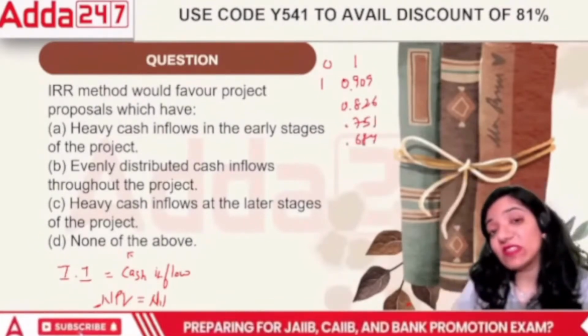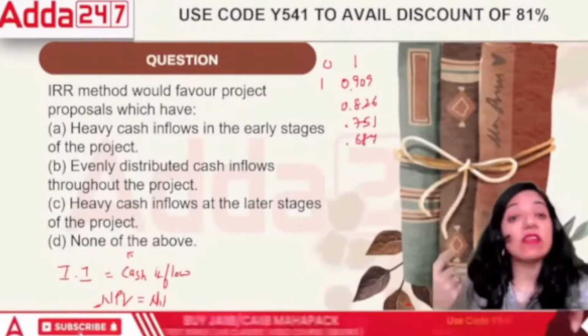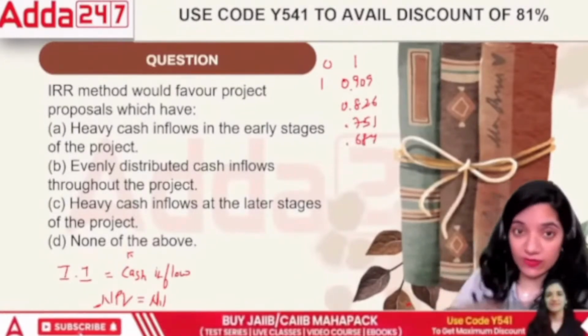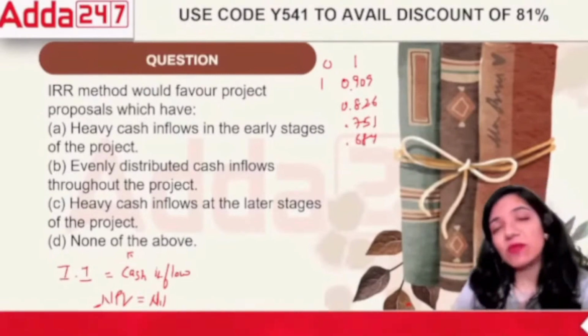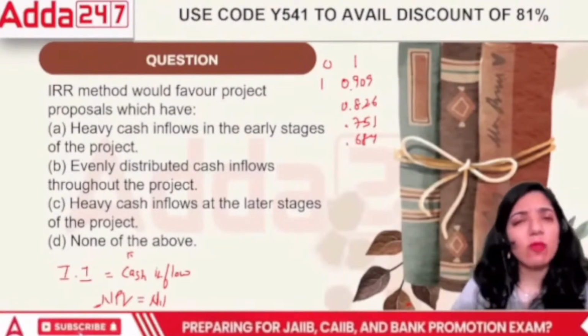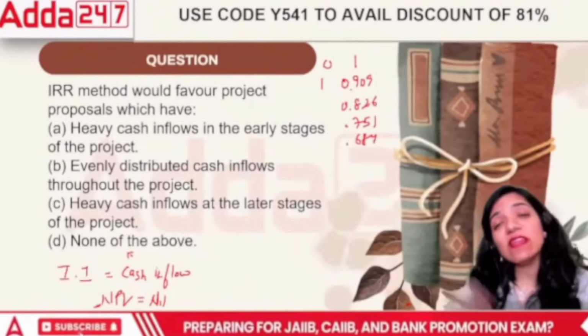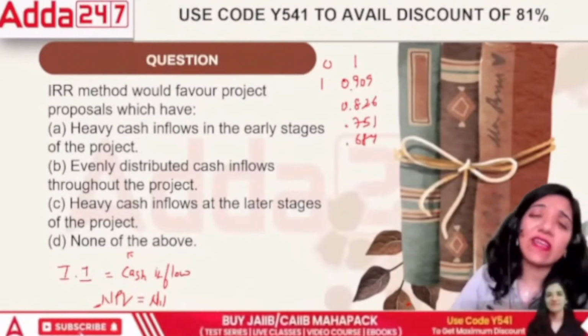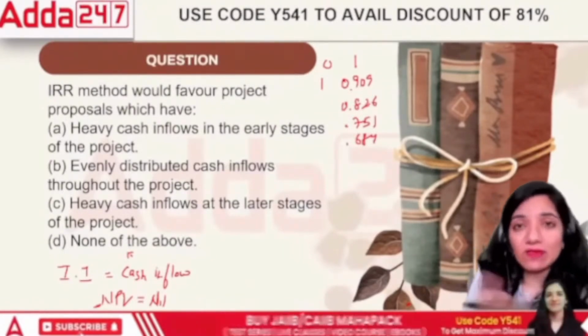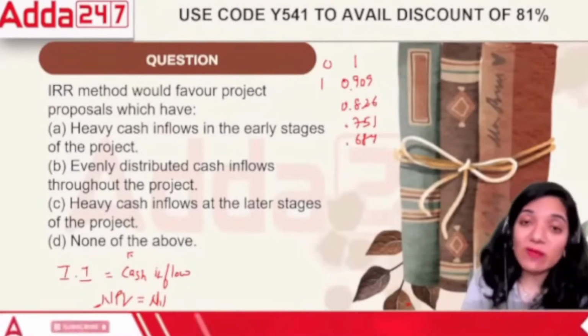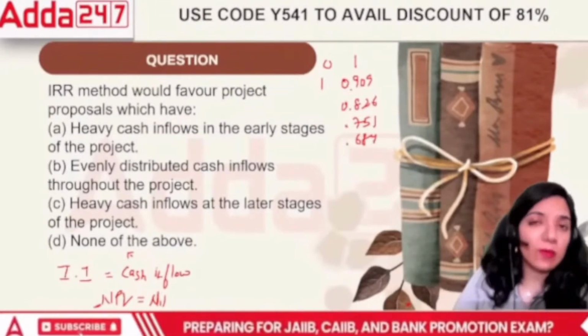If the amount is heavier in the beginning, it's good, right? If it is evenly distributed, then the value becomes normal. If the heavy cash flows are at the later stages, the PV factor is also declining. Even if you have a higher amount, it is multiplied by a lower number, so ultimately that will give a normal number.